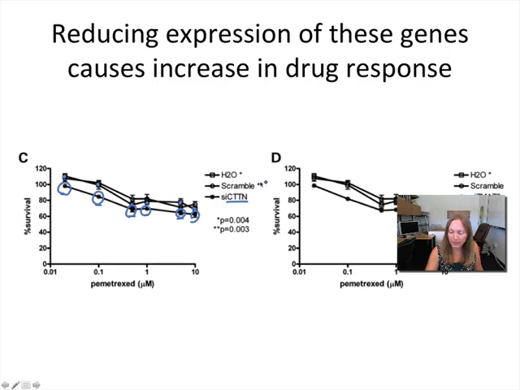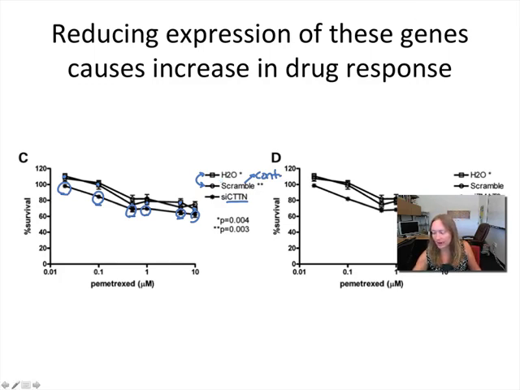This open circle here is a control for the method. So it should be pretty similar to the open squares, but it's a slightly tighter control than just adding water. On the other side here, let me change colors.